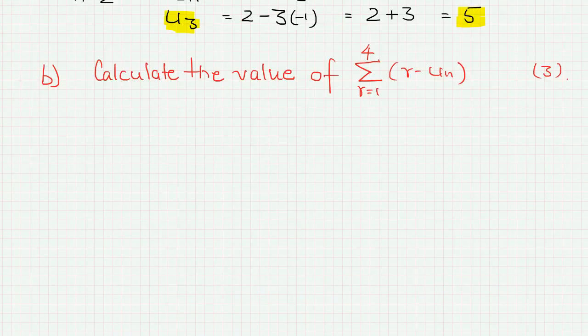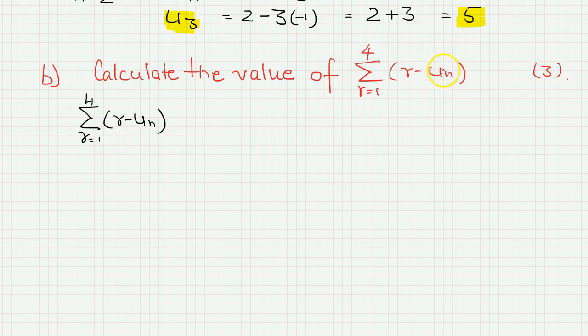Part B of question 2 is calculate the value of sigma r is equal to 1 to 4 of r minus ur. So for this question, what we have to do is write sigma r is equal to 1 to 4 of r minus ur.